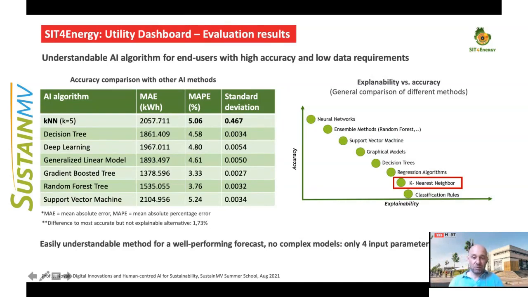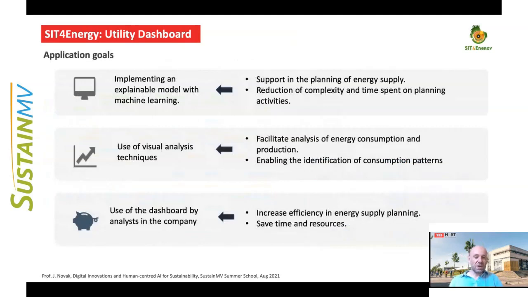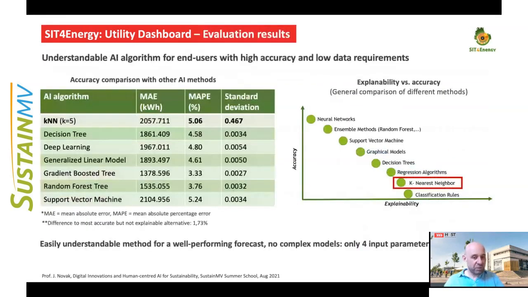So the differences are between 1 and 1.7%. At the same time, we only use a small number of parameters determining the forecast for the weather: sun hours, wind speed, pressure, and the temperature, which is also easily understandable for people using the system.